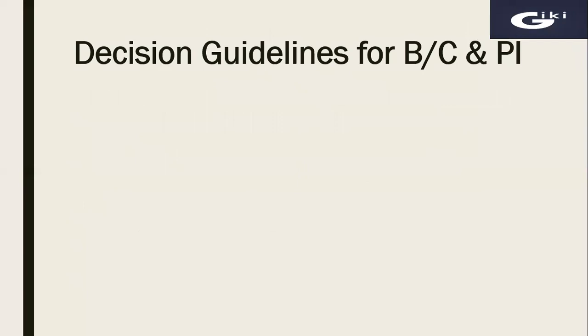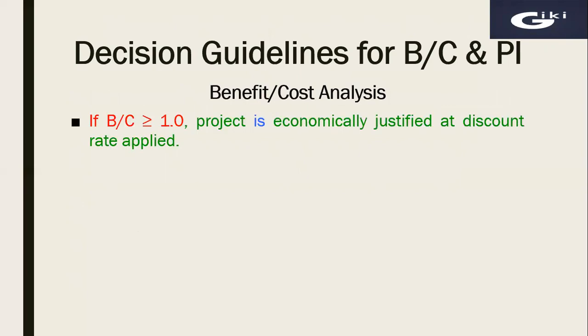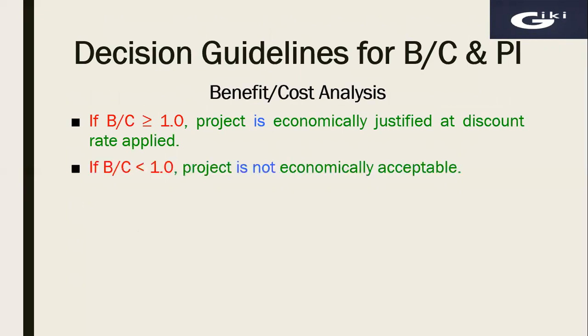So decision guidelines for B over C, benefit cost and profitability index. If benefit cost analysis ratio is greater than or equal to 1, project is economically justified at the discount rate applied. On the other hand, if B over C ratio is less than 1, project is not economically acceptable.